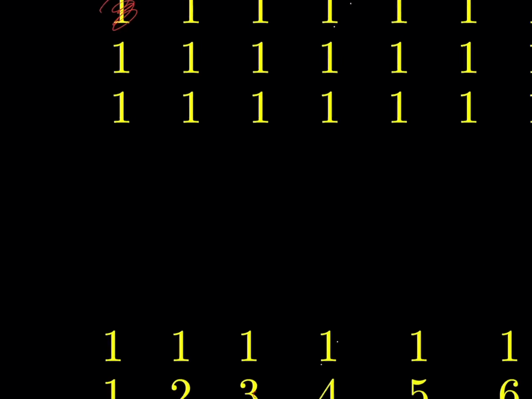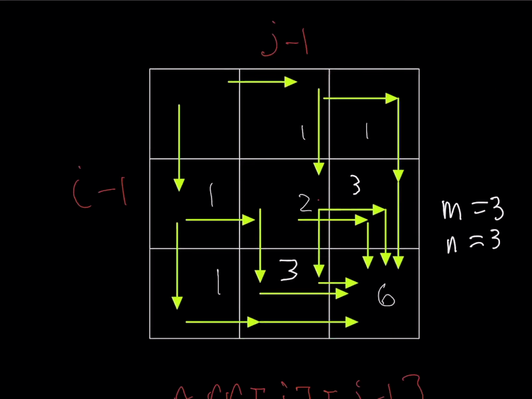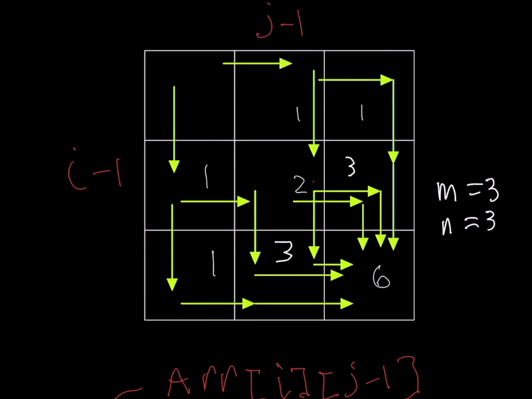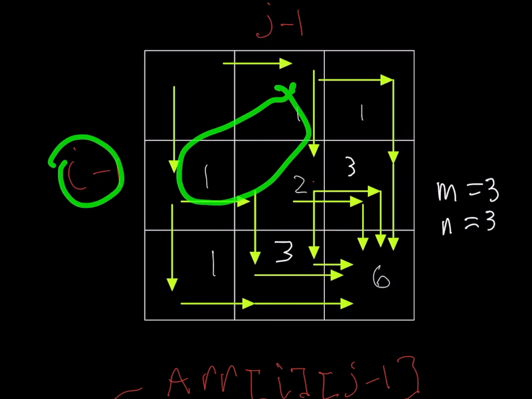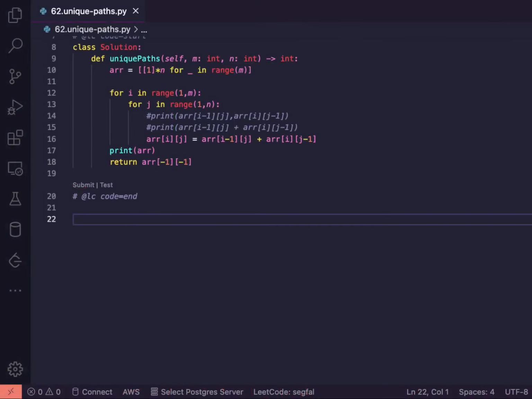Basically, let's go to that last one right there. Your j minus 1 right here, and your i minus 1, and you just add these two together, and this is the solution. Whatever this location will be, it's added by this. It'll be the sum of these two. All right, so let's see if this works. We're going to submit it.